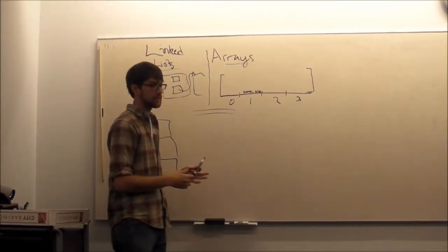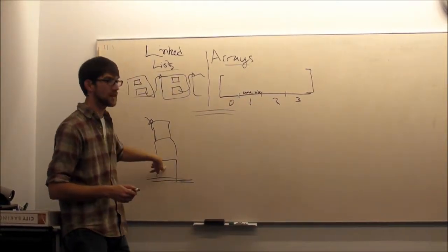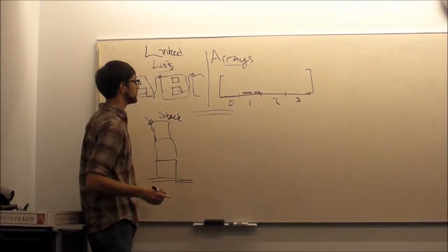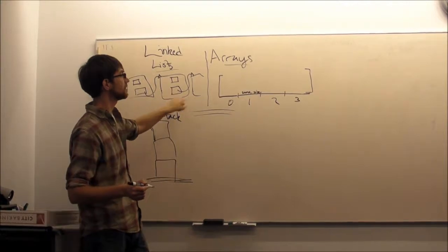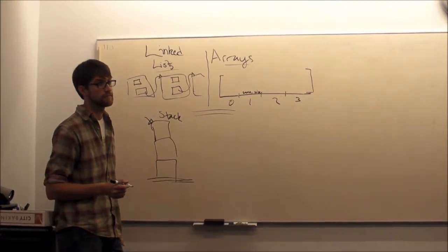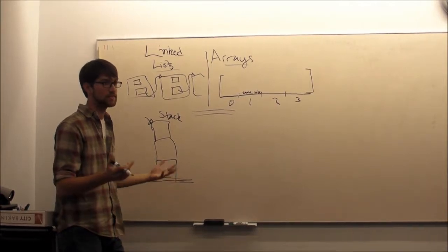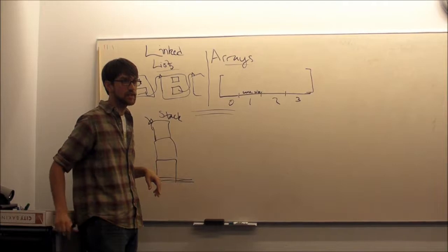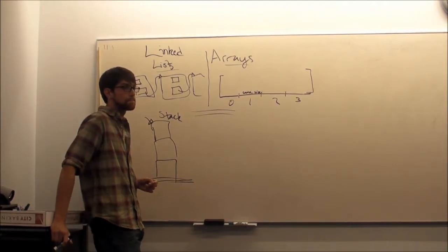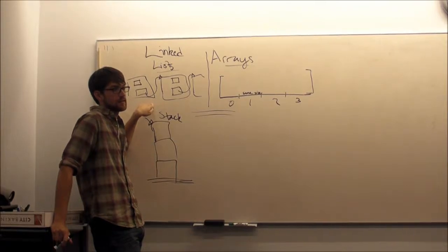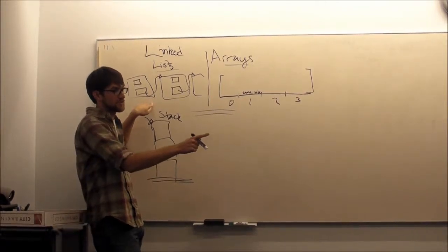Based on some simple properties of how a stack works, would you implement a stack using a linked list or an array? Any thoughts, any ideas? Linked list. Why? You're raising your hand.